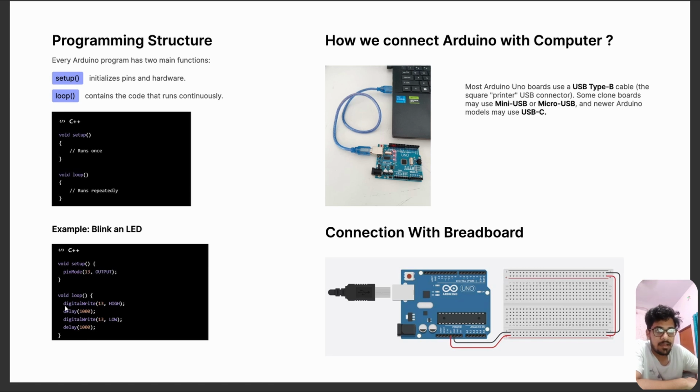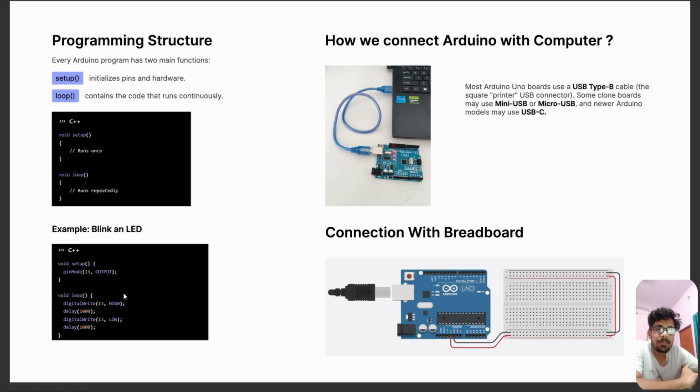And what is void loop? We are making a blinking LED. What is a blinking LED? It turns on and off continuously after a particular number of seconds. So we have digitalWrite 13, HIGH, then a delay of 1 second, then digitalWrite 13, LOW.